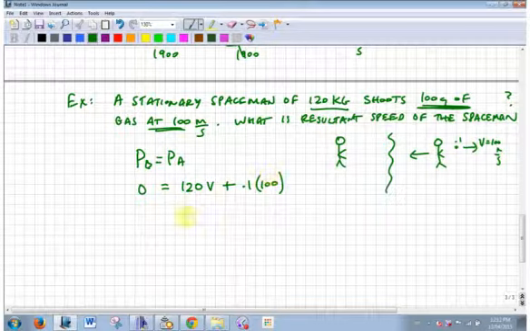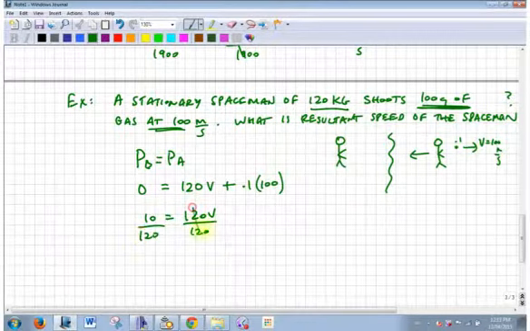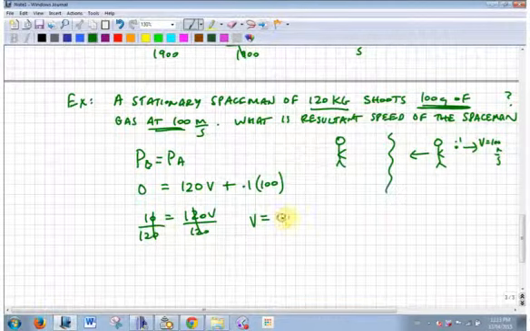Hold that thought. Because when I bring this to the other side, what's 1/10 of 100? v is 1/12, which is negative. That's what I was trying to say.